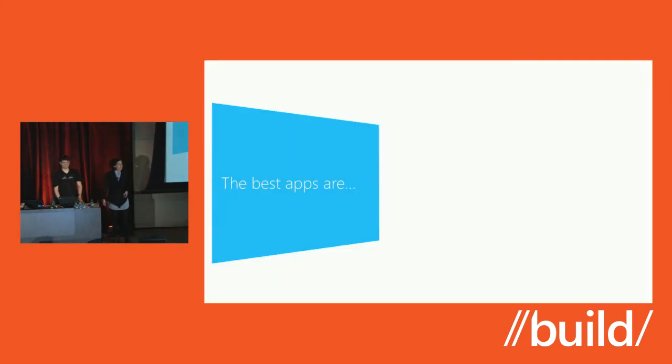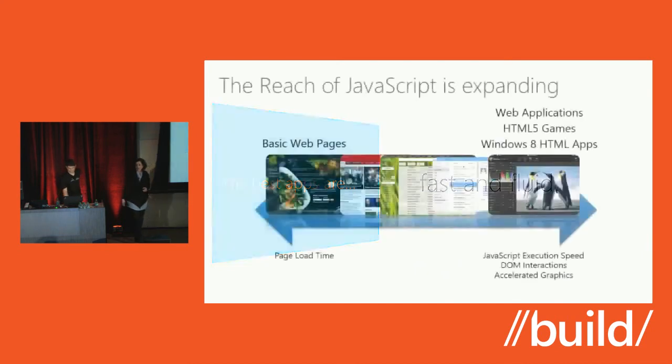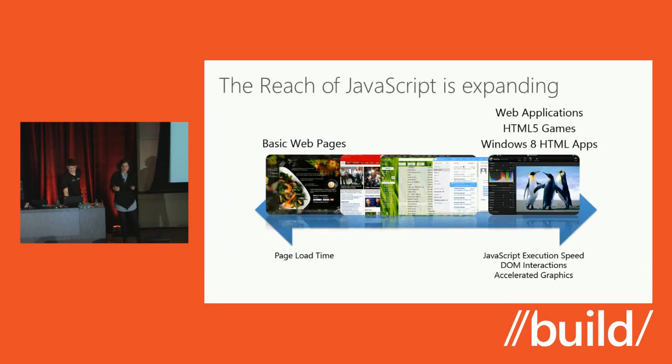Everybody knows that the best apps are fast and fluid, meaning that they are responsive to touch, that they are actually interactive as you start moving through them. And if we look at JavaScript, it originally started as a scripting language for the web. Originally, the performance for JavaScript didn't really matter because you didn't have that much JavaScript on your typical website.